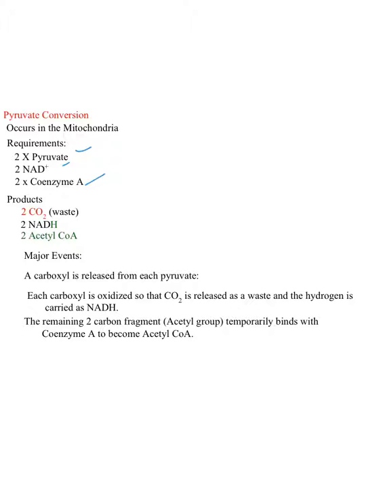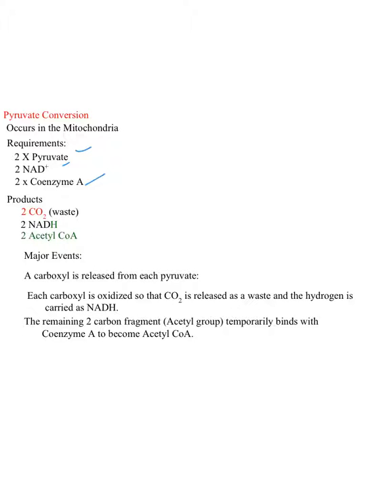So products, well, we're going to get rid of some CO2 as a waste. And you're supposed to have CO2 as a waste in cellular respiration, so this is the first time we're going to do it. So we're going to start stripping off carbon molecules from that pyruvate. And the rule of thumb is that anytime we strip off a carbon, we have to strip it off in the form of a carboxyl.